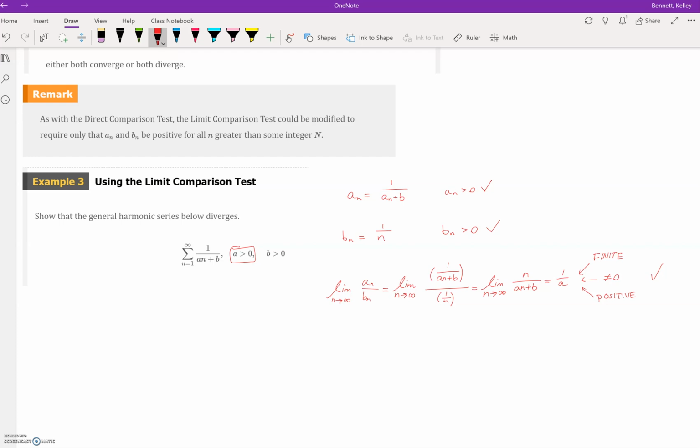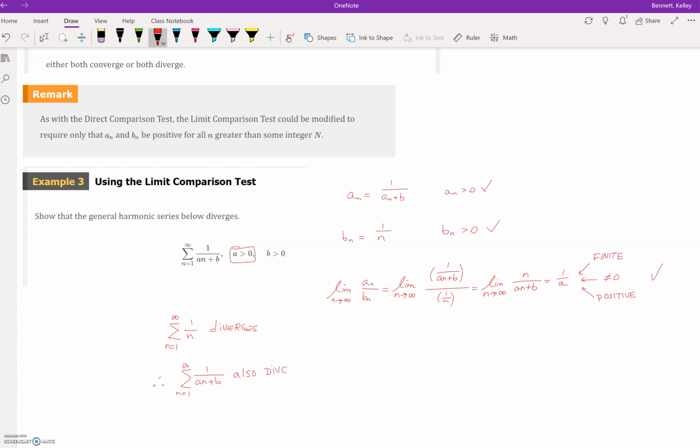So now what I can say is that the harmonic series diverges. Therefore, the generalized harmonic series also diverges.